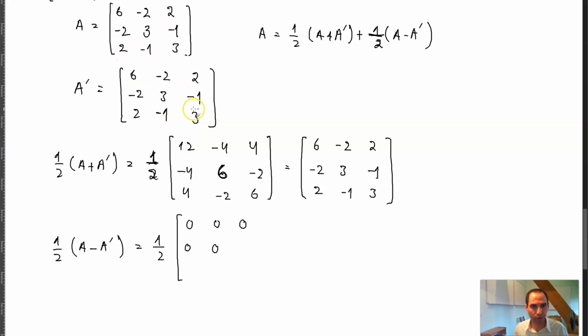It seems that they are actually the same matrices, so you get all zeros here. And so that is the same thing as 0, 0, 0, 0, 0, 0, 0, 0, 0.